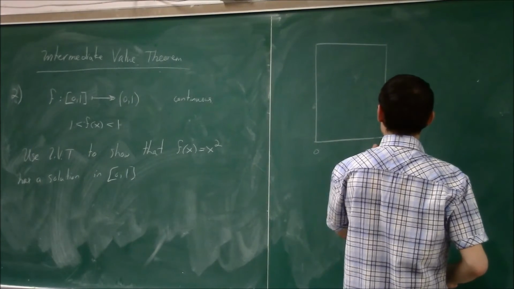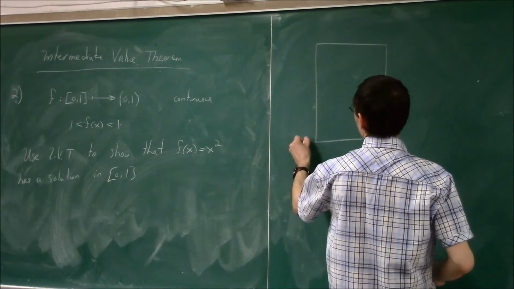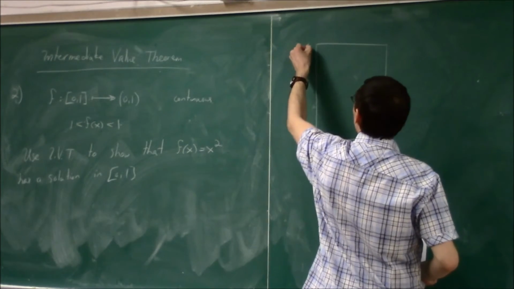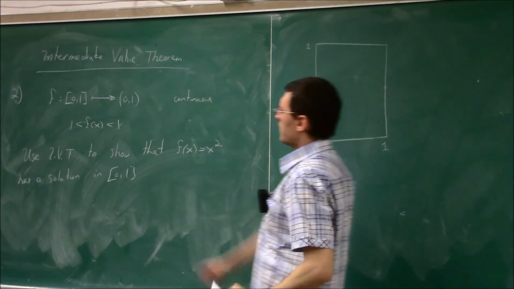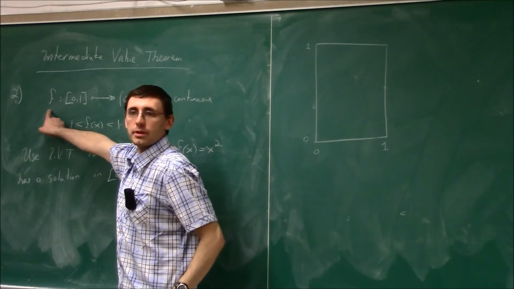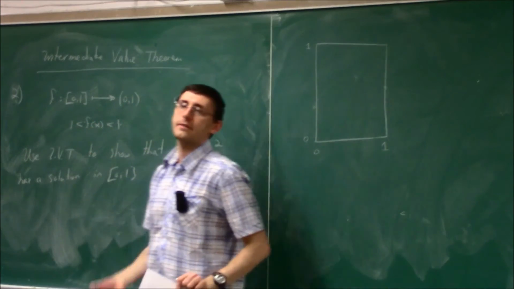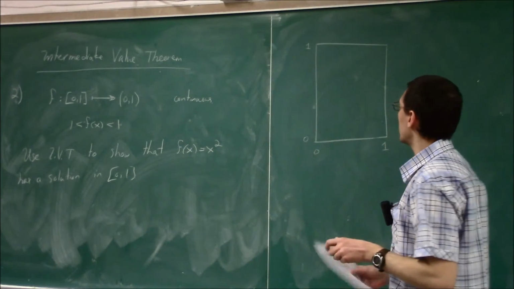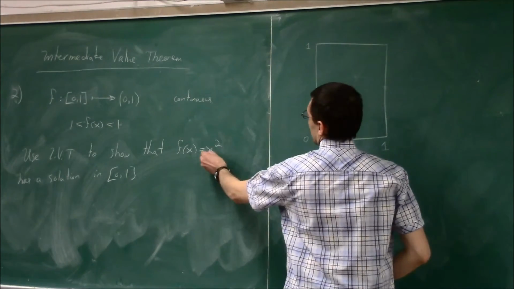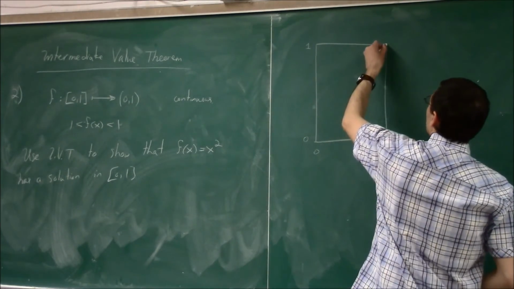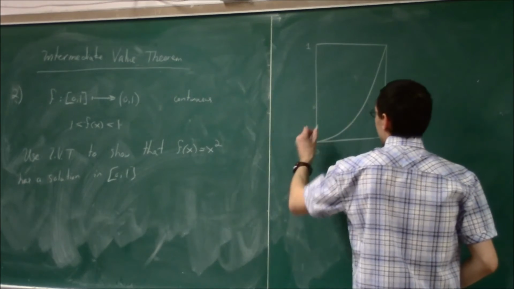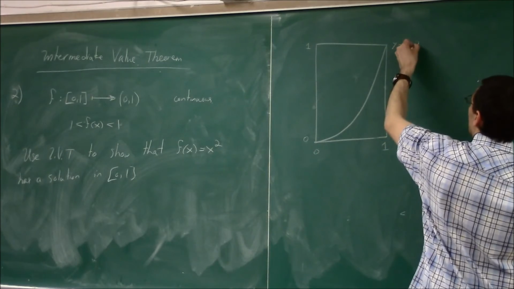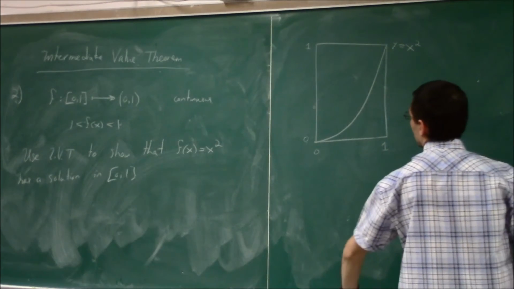So here is x equal to 0, x equal to 1, y equals 0, y equals 1. The graph of f of x is not known to me. The function is continuous. All I know is that the graph is some uninterrupted, non-torn curve. I know though what the graph of x squared is. The graph of x squared will look like a parabola. This is y equals x squared. So I can draw it because I have information about it.